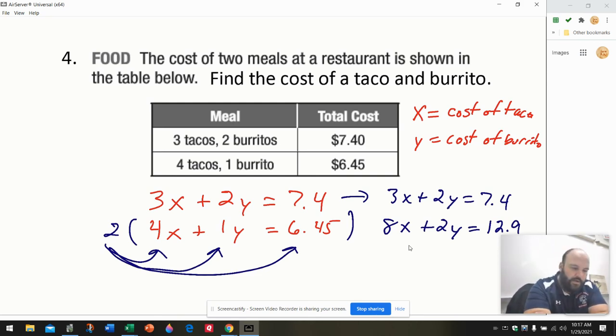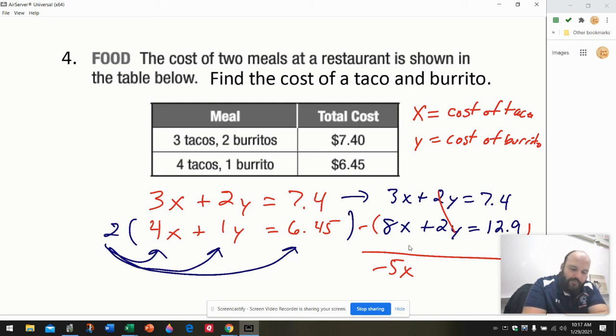Okay, now what you see is the two y variables, their coefficient is the same. So we can simply subtract them to get them to cancel. So I'm going to do 3x minus 8x, which is negative 5x. Then I have 2y minus 2y, which is 0. That goes away.